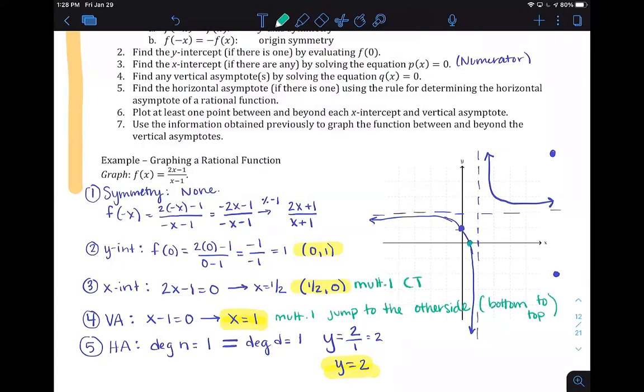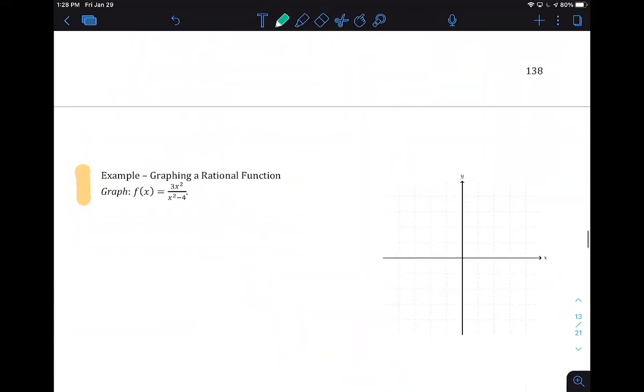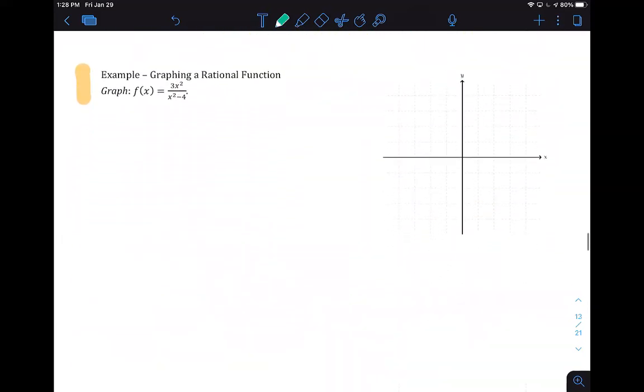So that's something that can help you connect everything together. Questions? I'm going to try another one. Next page. And I know I gave you a ton of room on these, but I just wanted you guys to have extra room to write if you need it.